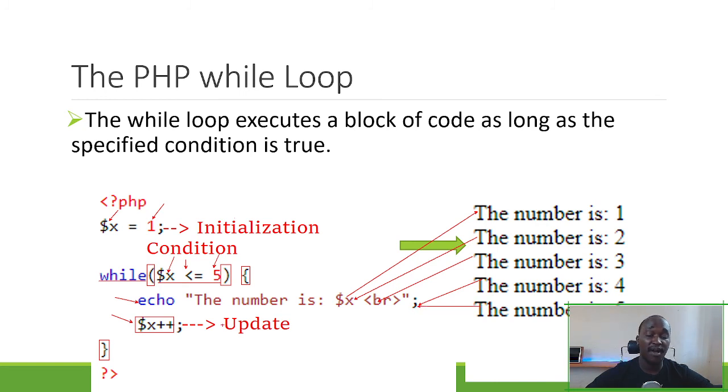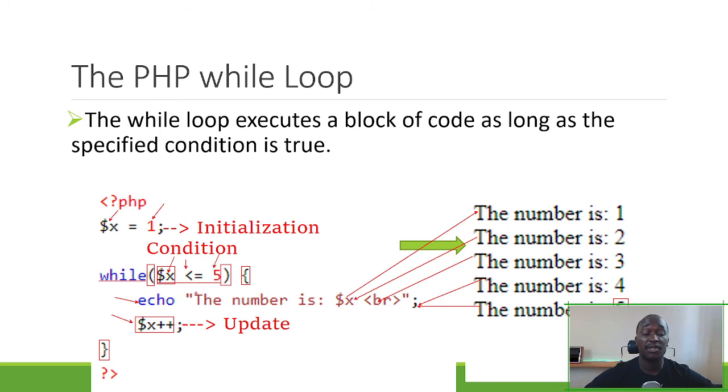When it gets to 5, it's going to check, is 5 less than or equal to 5? True. So that's how 5 is going to be printed. Then it's going to be updated to 6. Then it's going to check, is 6 less than or equal to 5?